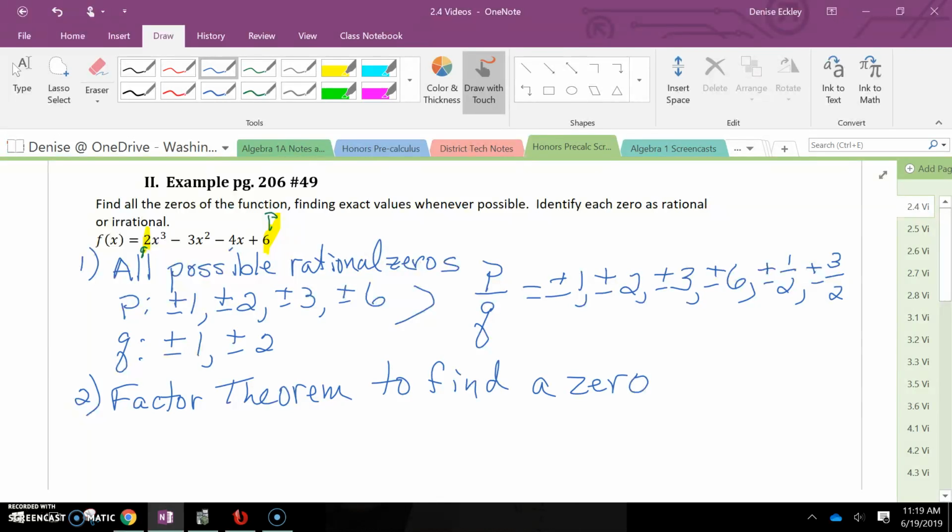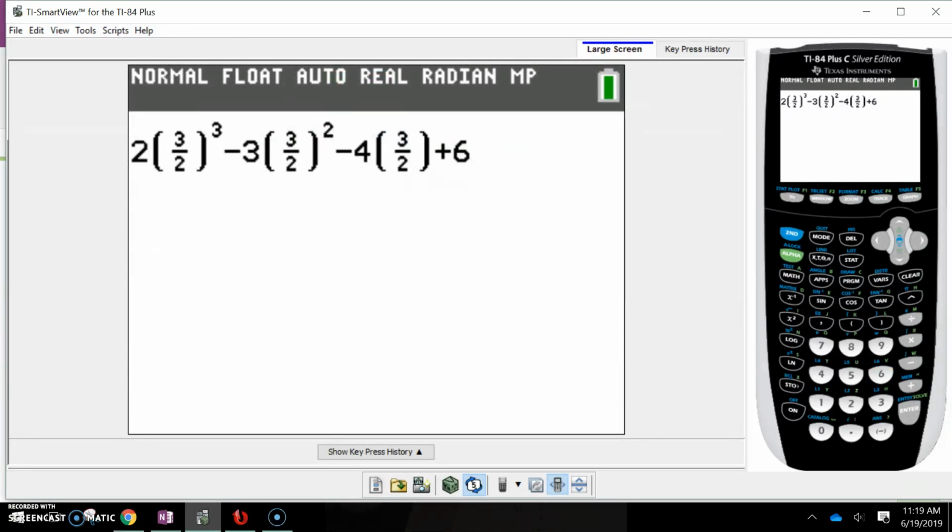So the quickest way to do this is kind of a guess and check thing, but you're going to substitute either positive or negative 1, positive or negative 2 into the function and see which values will give you 0 for the function value, for the y value. You can do this using synthetic division if you want, but I think the fastest thing to do is to pick up your calculator and do them very quickly in the calculator.